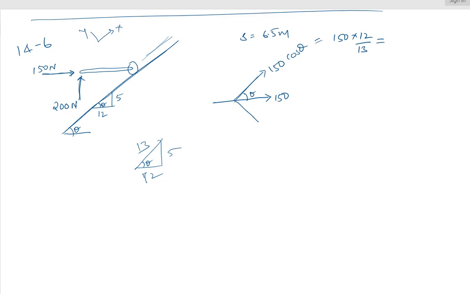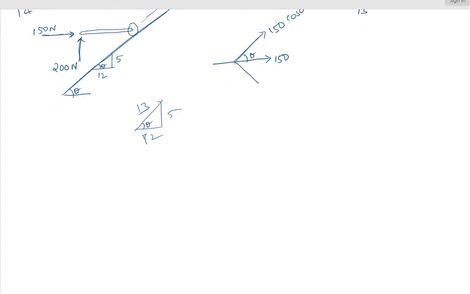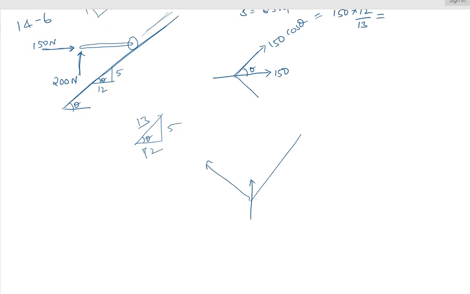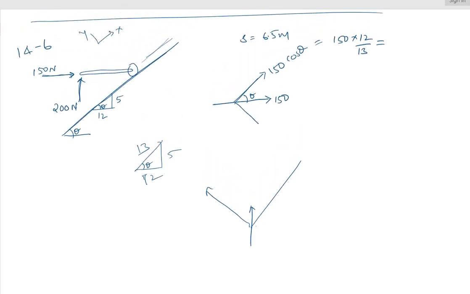Okay, and then we're going to do the same thing for the vertical load. I'm going to also draw a line parallel to the incline and then perpendicular to it. Okay, so this is parallel to that, right?